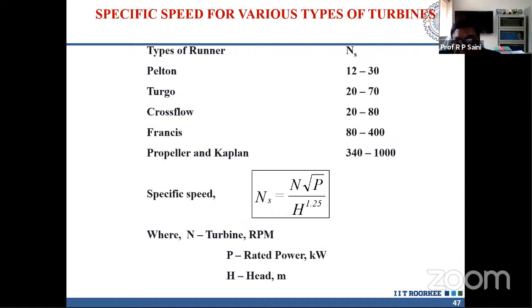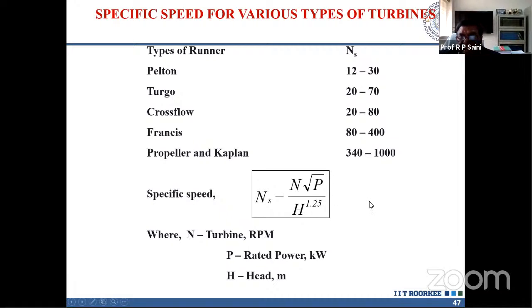So if you have any site and you want to select which turbine will be suitable, the basis is only specific speed. Please remember this is specific speed. There's no time to discuss what that is, but you can remember this formula. In this specific speed formula, N is the RPM of the turbine, P is the power, the capacity of the plant, and H is the head.